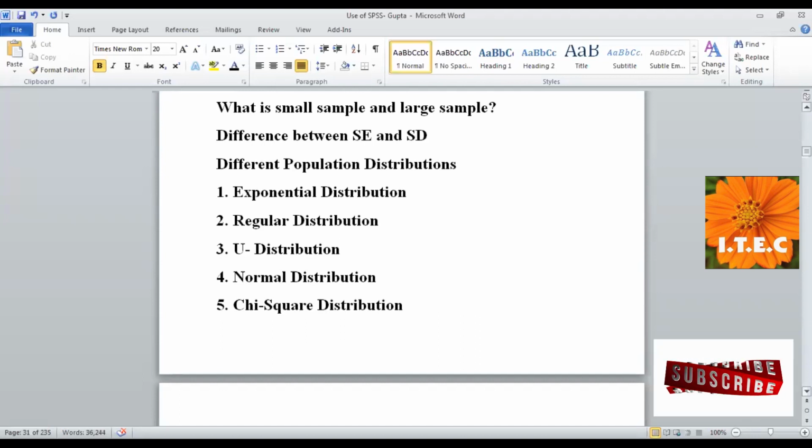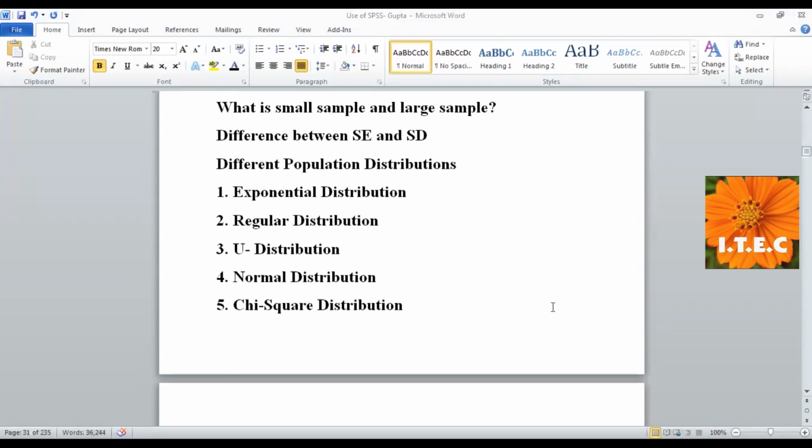Now, when your sample size becomes 30, please listen carefully. When your sample size is equal to 30 or more than 30, then the sample distribution will be normal.